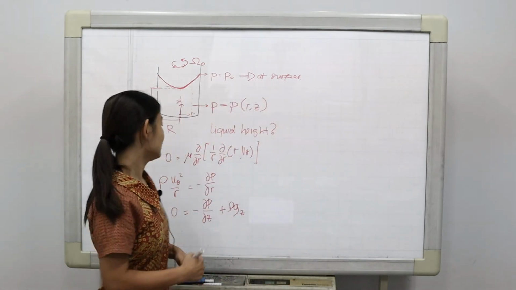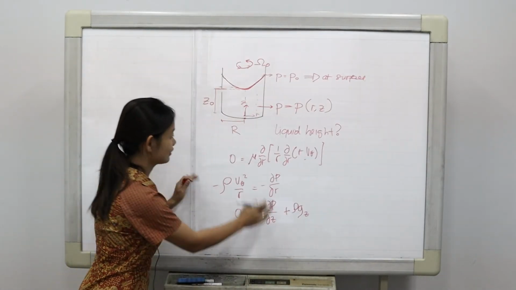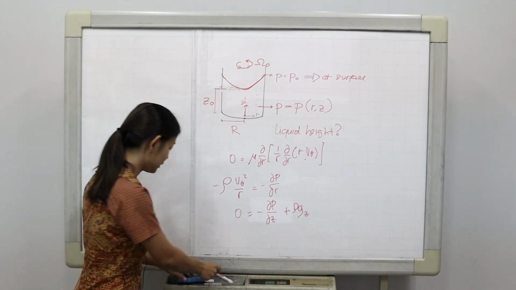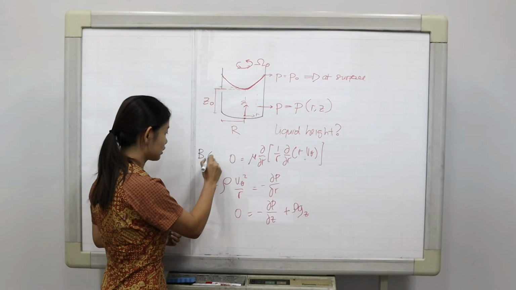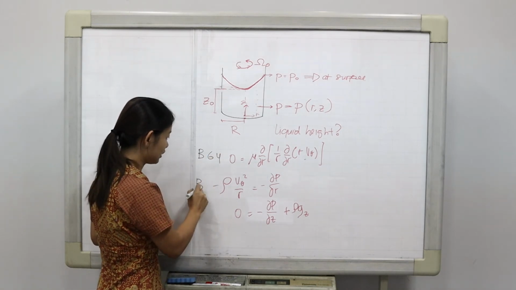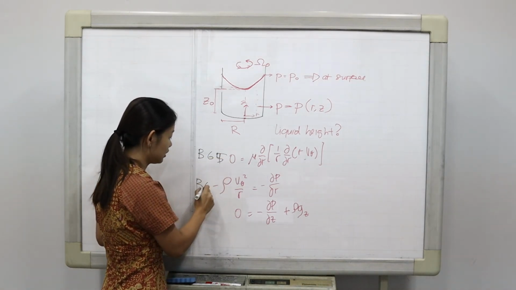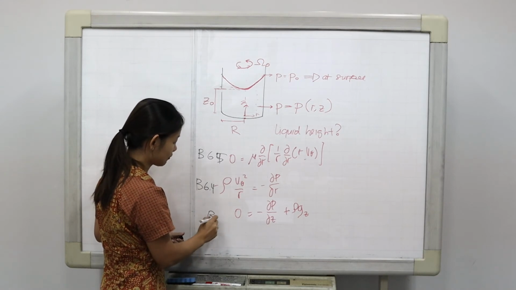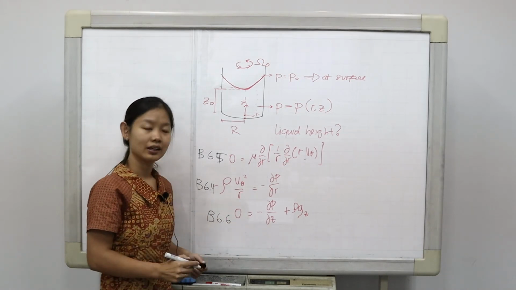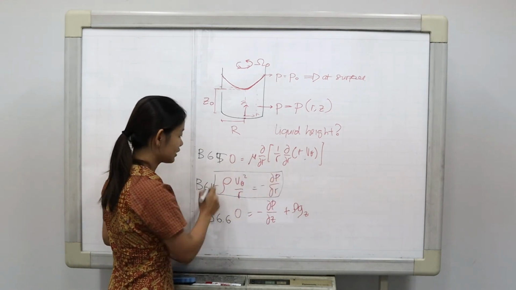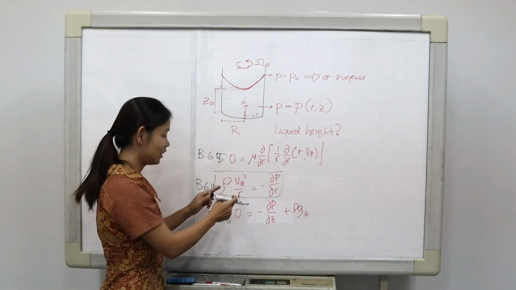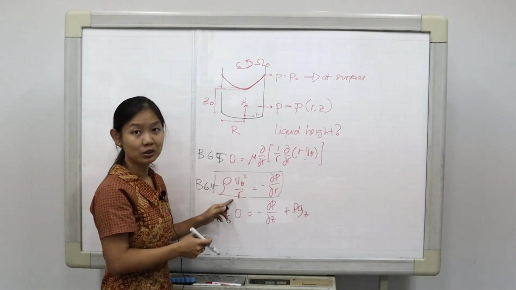Okay, so from this we have 3 equations from the table: this one from B64, this one from B65, and this one from B66. If you still remember, this term is centrifugal force.